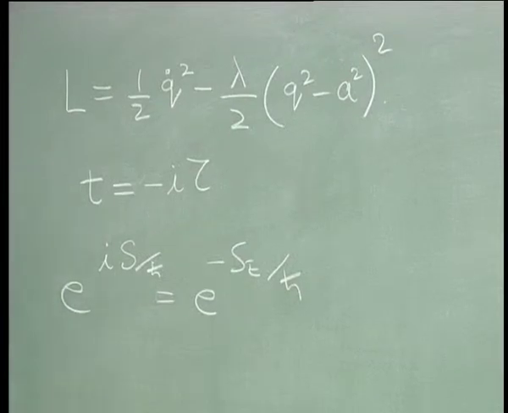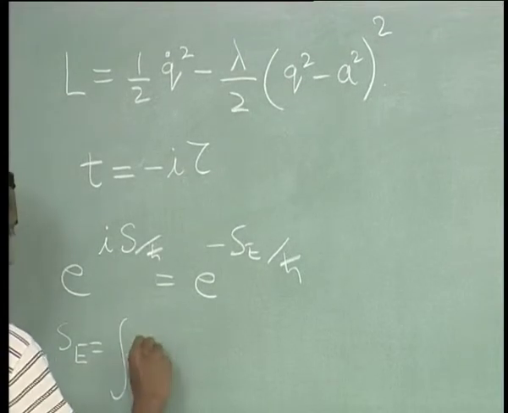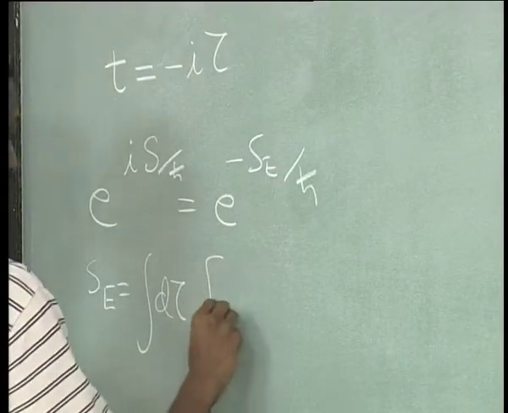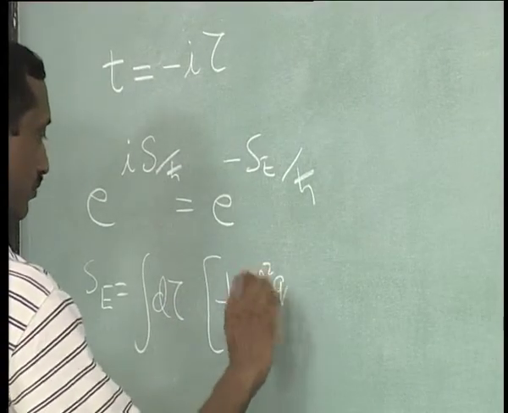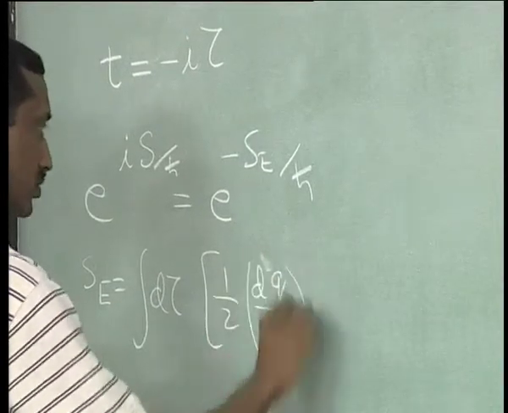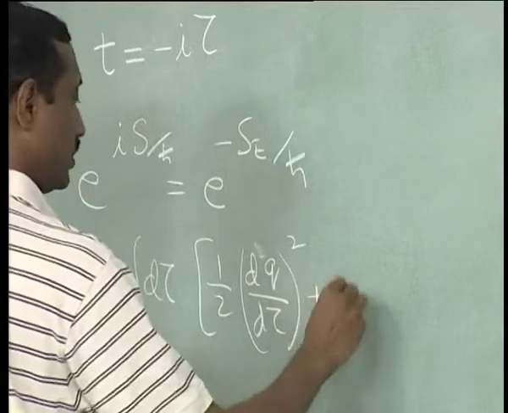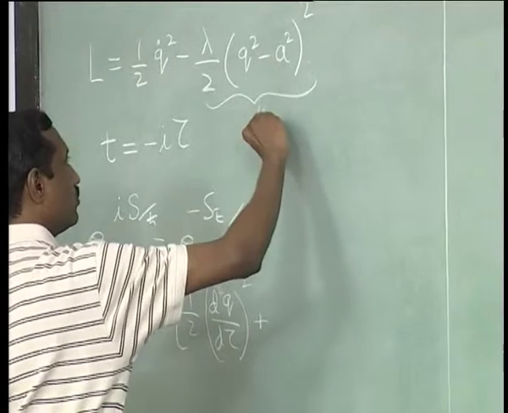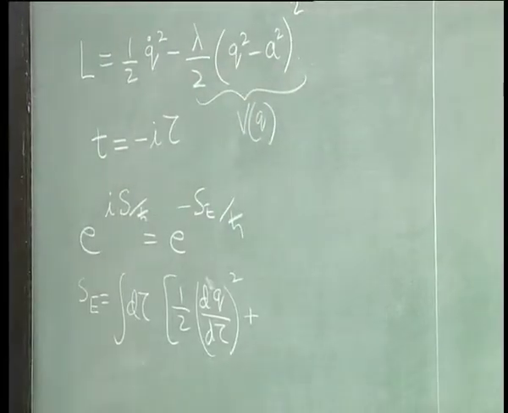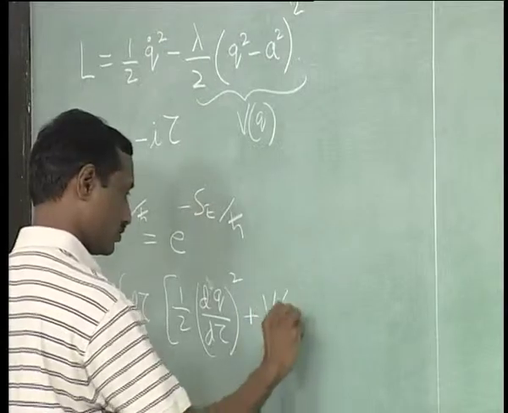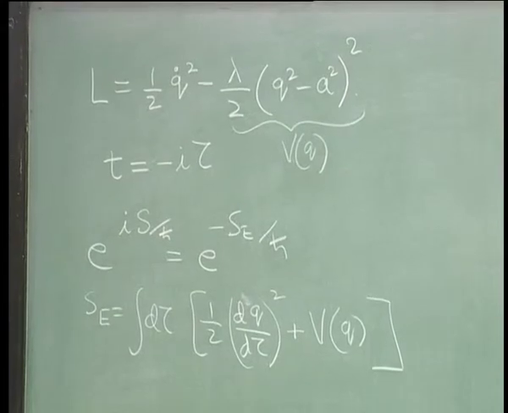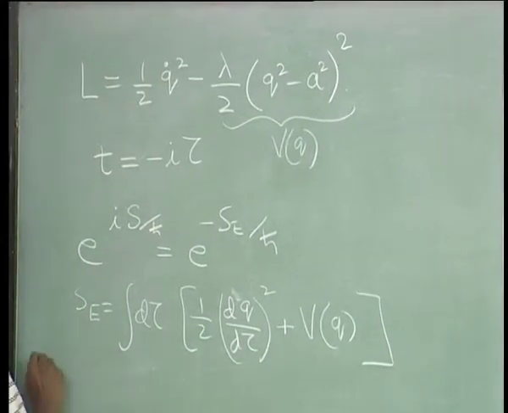The Euclidean action was simple to state: it is just the integral of d tau times (dq by d tau) whole square plus, for completeness, let us call this quantity V of q. Later we will use this specific thing, but in general this goes through.